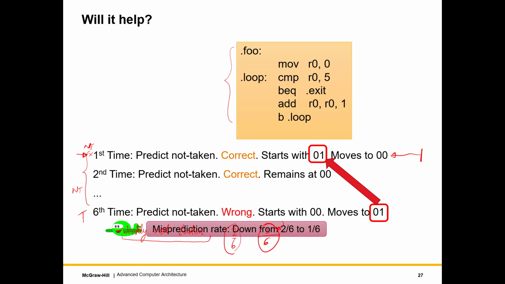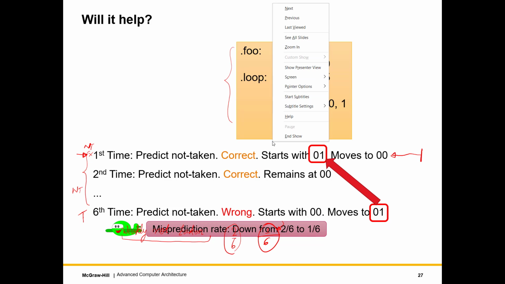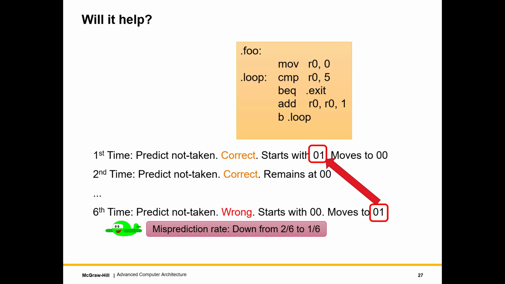So the misprediction rate, let me erase the ink on this slide, has gone down from 2/6 to 1/6, which in a certain sense represents a substantial improvement.